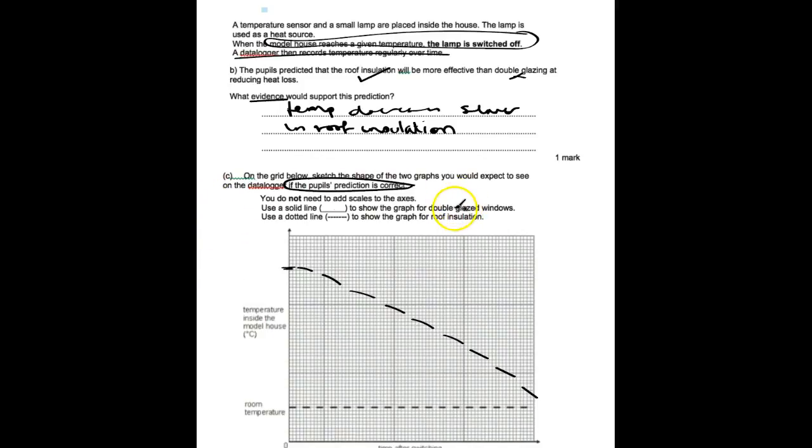But the double glazed windows, in my theory, I think that double glazed windows aren't as effective as roof insulation, so they're going to cool down faster. They're going to get back down to the room temperature, the same point, and they're going to start at the same point, because look, it said when the model house reaches a given temperature, the lamp is switched off. So they're both at the same starting temperature, because that wouldn't be fair.